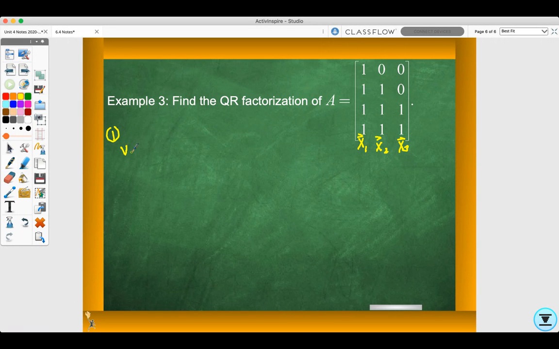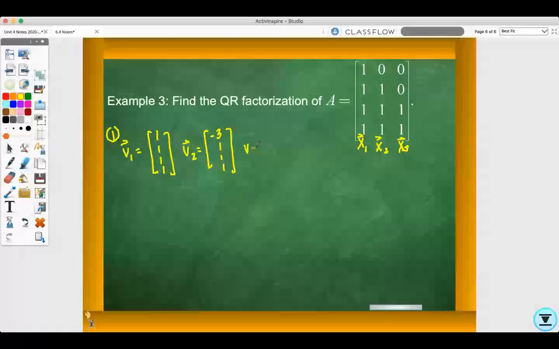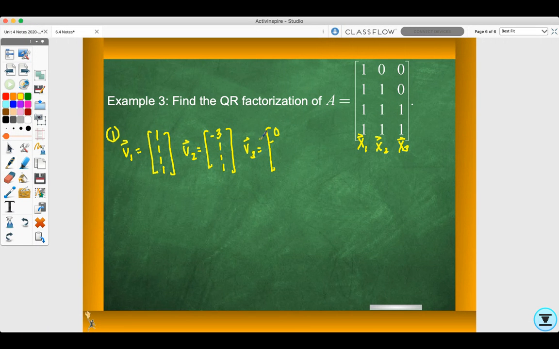I want you to try to do that on your own, and you should get, we'll label those V1, V2, and V3: one, one, one, one; negative 3, 1, 1, 1; zero, negative 2/3, 1/3, and 1/3.